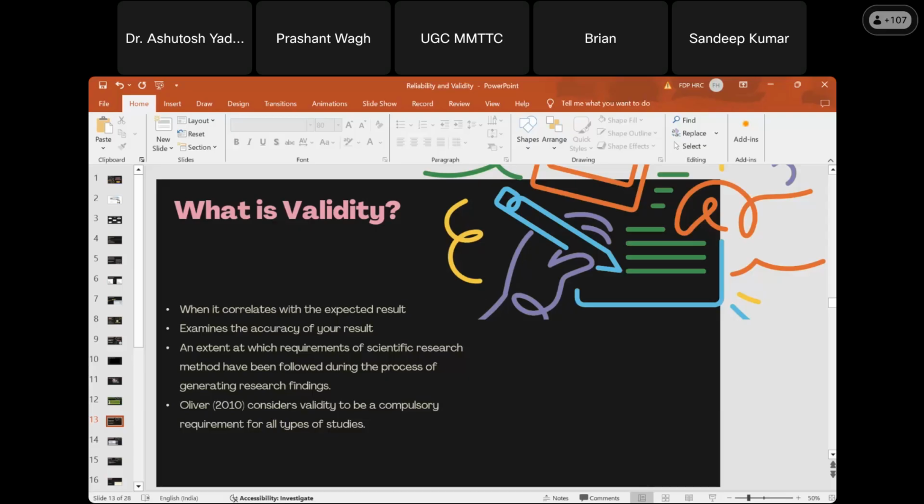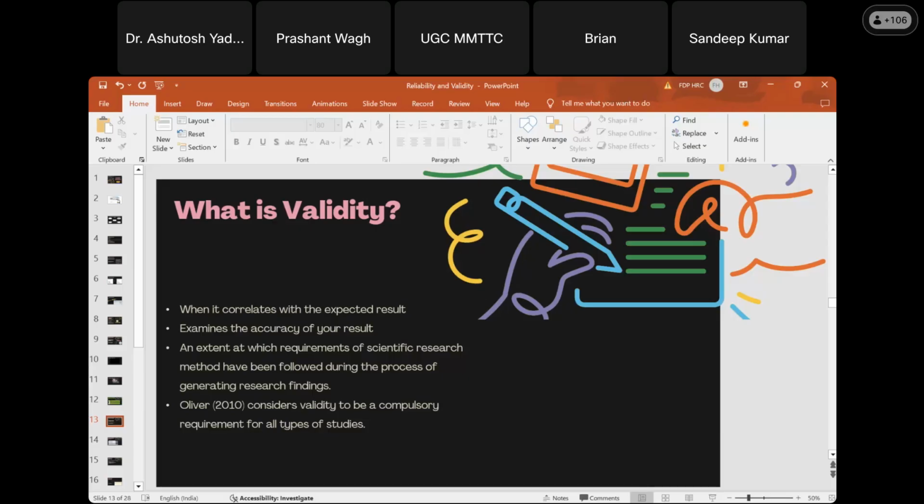So validity of research can be explained as the extent to which requirements of scientific research methods have been followed during the process of generating research findings. Validity is a compulsory requirement for all types of studies, and most scientific experiments are inextricably linked in terms of validity and reliability.